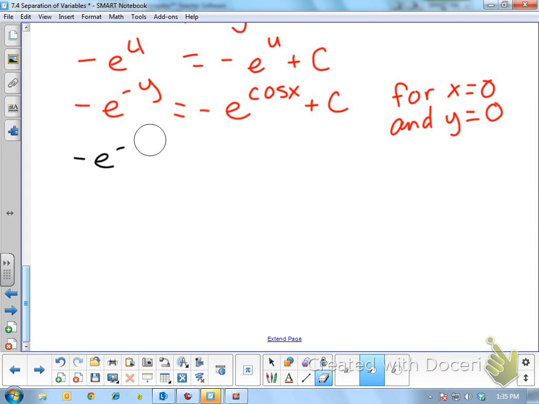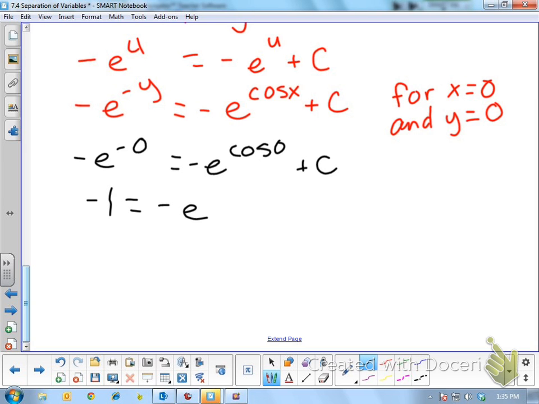Sorry. So if we plug stuff in, we plug in 0, we plug in 0, then we would get -1 equals negative e to the 1 plus c. So c is e minus 1, or -1 plus e, either way you want to write it.